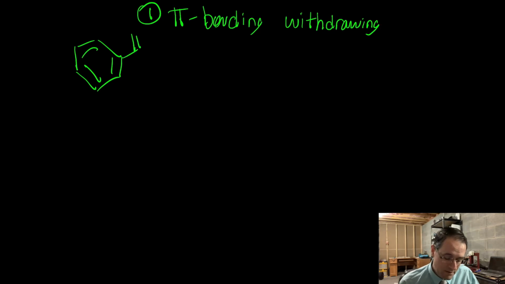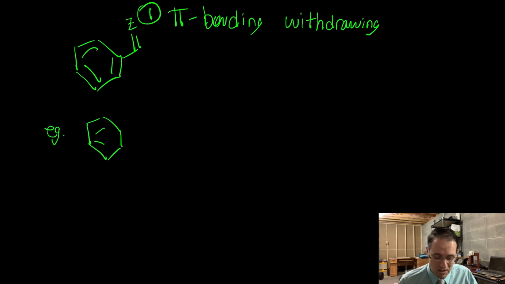Anything that has a pi bond adjacent to the aromatic ring is going to be an electron withdrawing group. So you have a whole bunch of those. Ketones, aldehydes. Okay, so Z can be anything. You can have an aldehyde, for example. It could be a ketone or carboxylic acid.